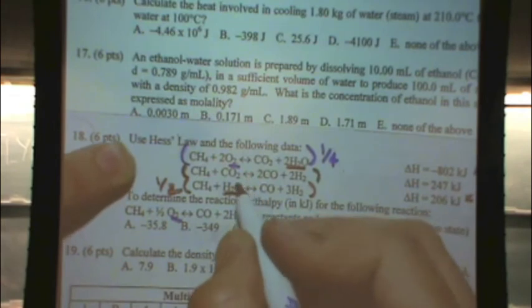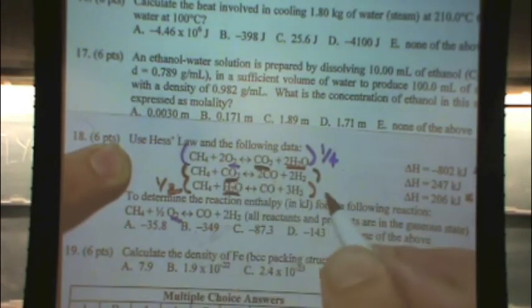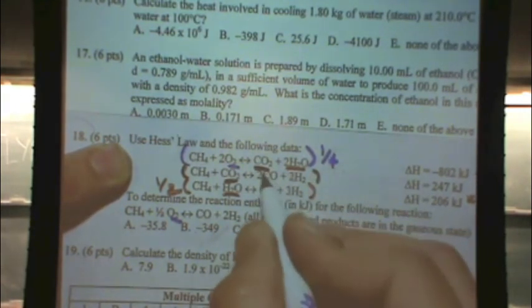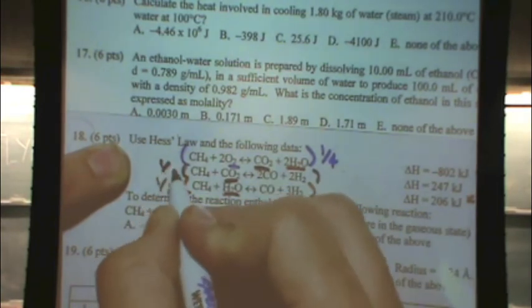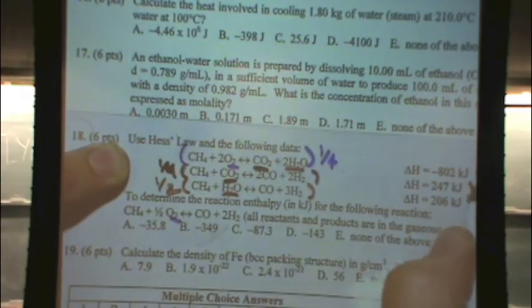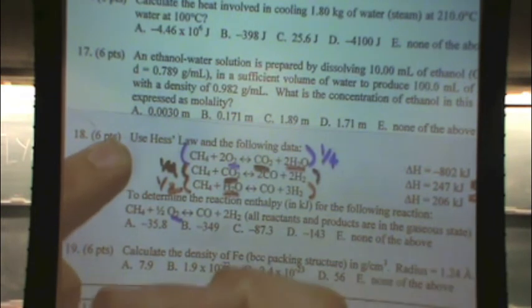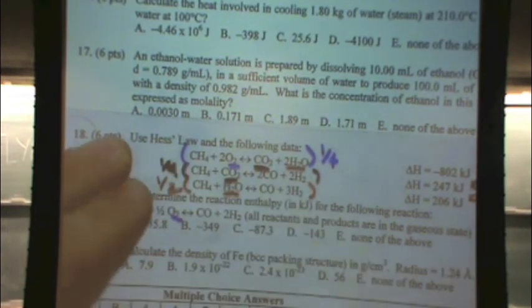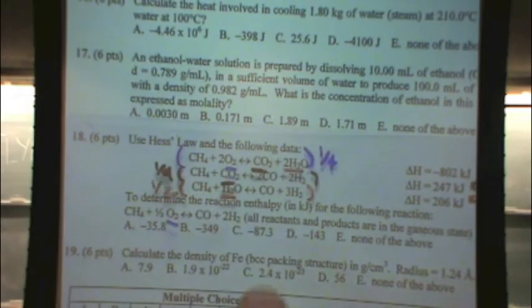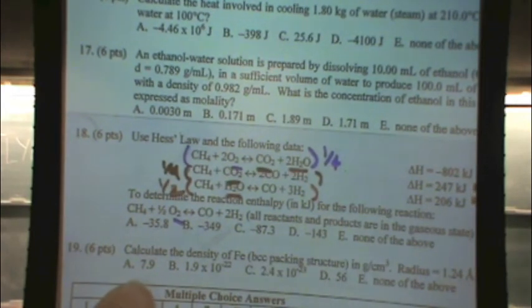Oh no, 1/4. So I need 1/4 here, right? Okay, so I'm going to multiply the second one by 1/4. Add these three numbers, and that'll be your final answer. Is that okay? Cool. Okay, I'll keep you here for a second if people are still writing. Next question.